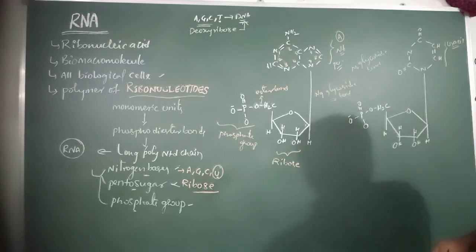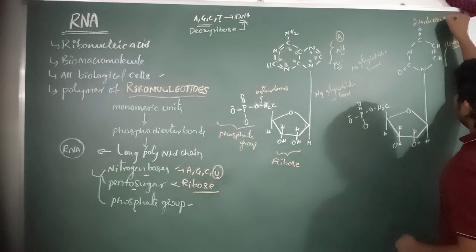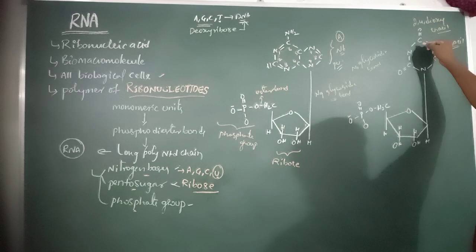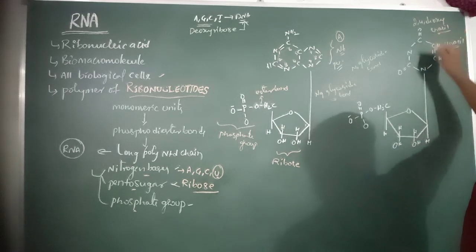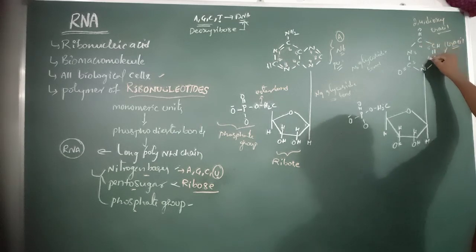The chemical name is 2,4-dioxouracil. At the second and fourth carbon atoms, an oxygen group is present. Numbering 1, 2, 3, 4, 5 and 6, this is the pyrimidine ring.